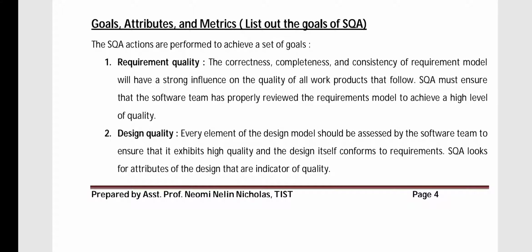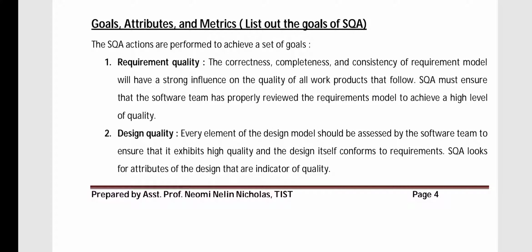So they could also ask the question as goals of SQA. So first of all, we'll discuss the goal part of it. Okay, so it has to achieve a set of goals. First is requirement quality. Okay, correctness, completeness and consistency of the requirement model will have strong influence on the quality of all workflow or work products that follow.